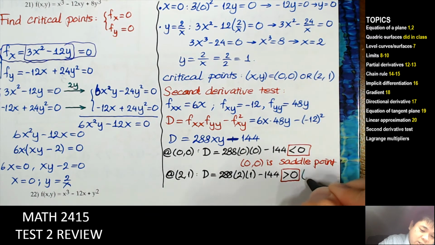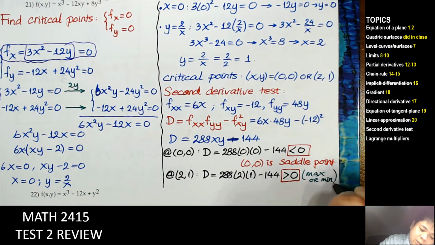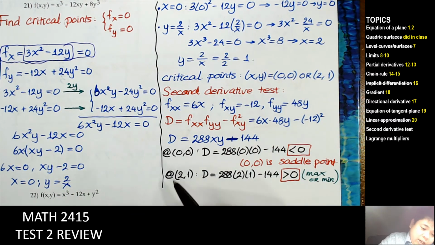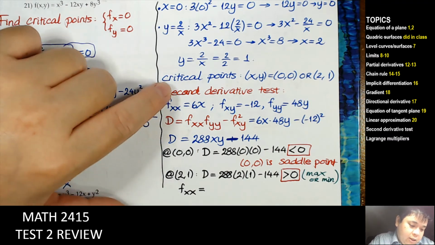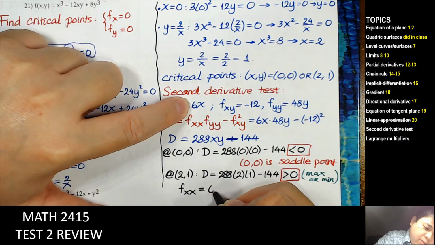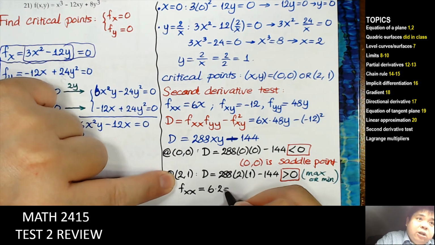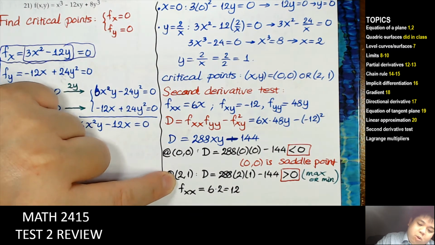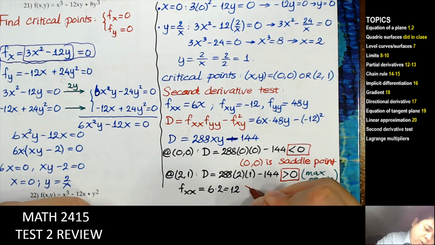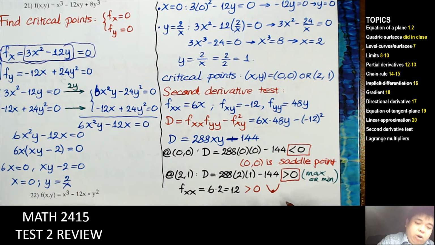We don't know yet, so we have to do one more thing. In that case, what is the partial derivative with respect to x? 6x, 6 times x is equal to 2, and that is positive. Positive meaning it opens up. If it opens up, it is going to be a local min.